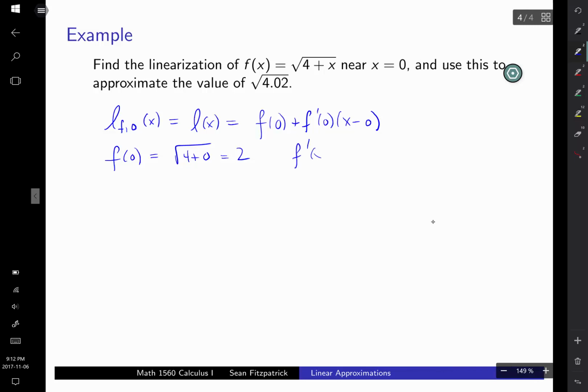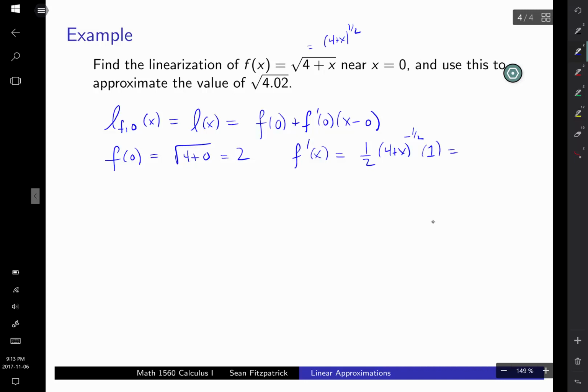f prime of x is going to be, remember that this is 4 plus x to the 1/2. So we do the power rule, 1/2, 4 plus x to the minus 1/2. Then we multiply by the derivative of 4 plus x, which is just 1.